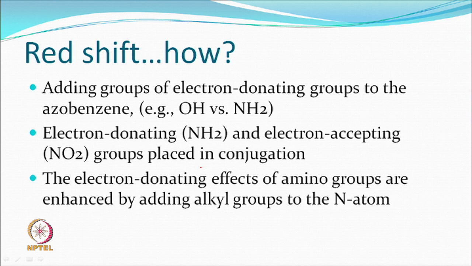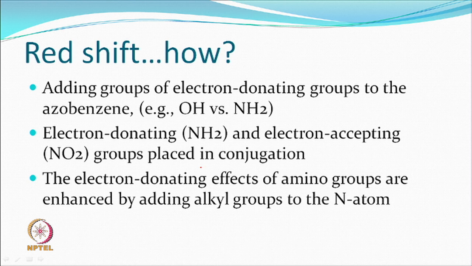Or the electron donating group like this NH2, instead of H, if you add alkyl groups, for example instead of NH2 you have 2 methyl groups on the nitrogen, then also this will start changing.